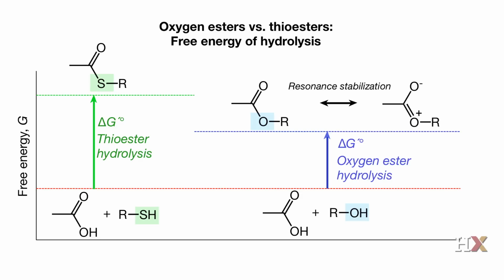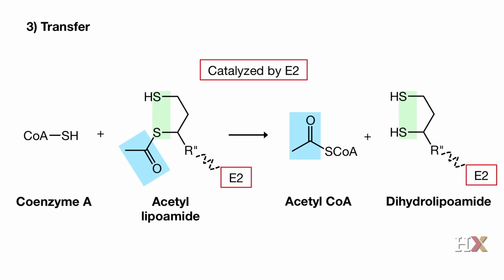So the presence of this thioester bond will facilitate the transfer of the acetyl group from the lipoamide group to coenzyme A. And that is the third reaction in oxidative decarboxylation.